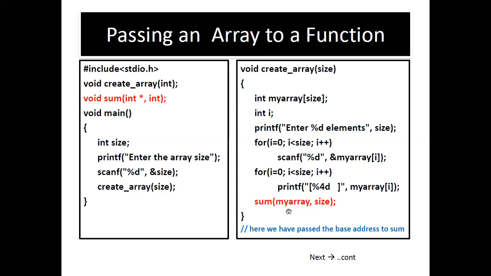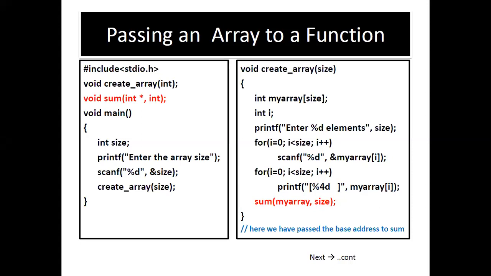As you are passing the array by the name of the array, that makes our concept clear again. We are passing the base address of the array along with its size. So these two red lines are the change in my previous code, which I need to understand.